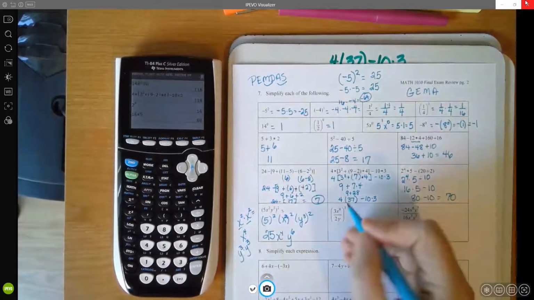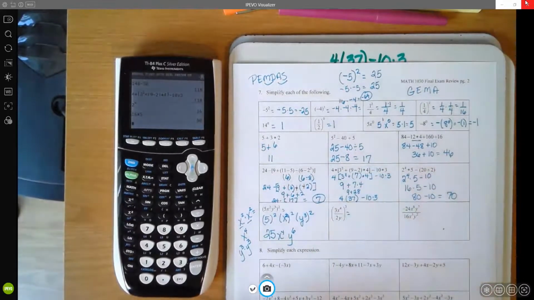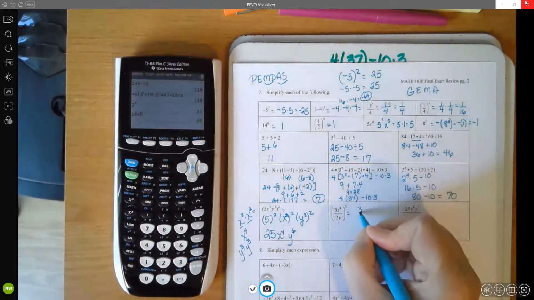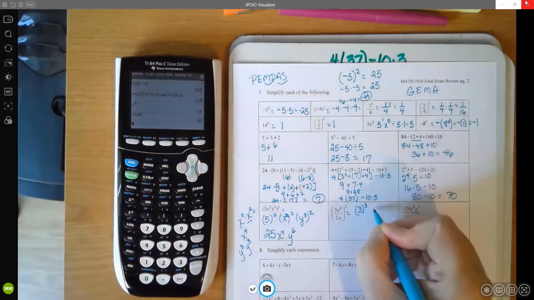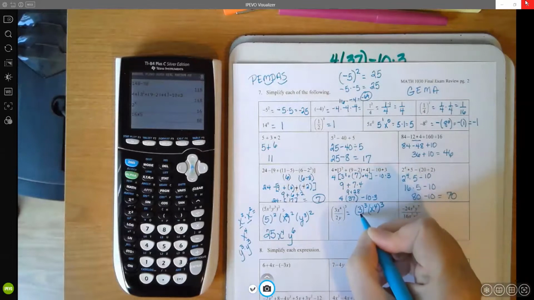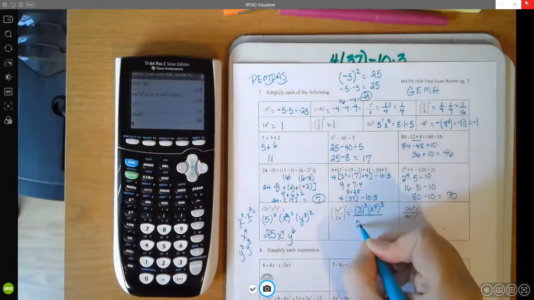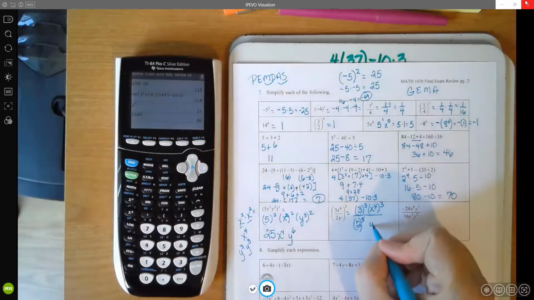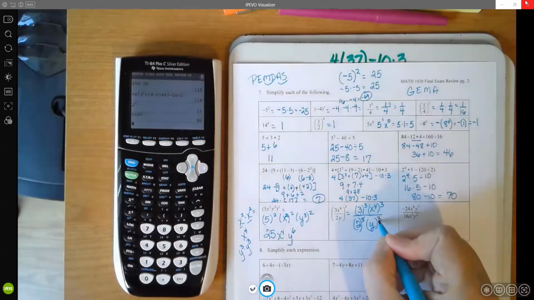In the next problem, we're doing the same thing, but it's a quotient, a division problem. So we simply have 3 to the 3rd, x to the 4th to the 3rd, 2 to the 3rd, and y to the 3rd.